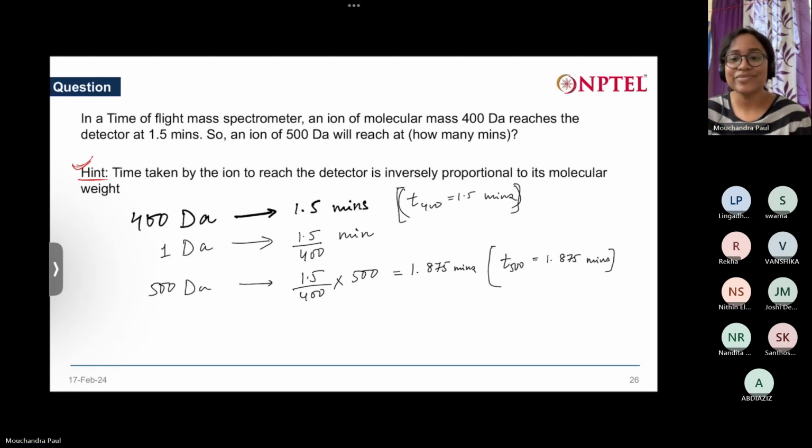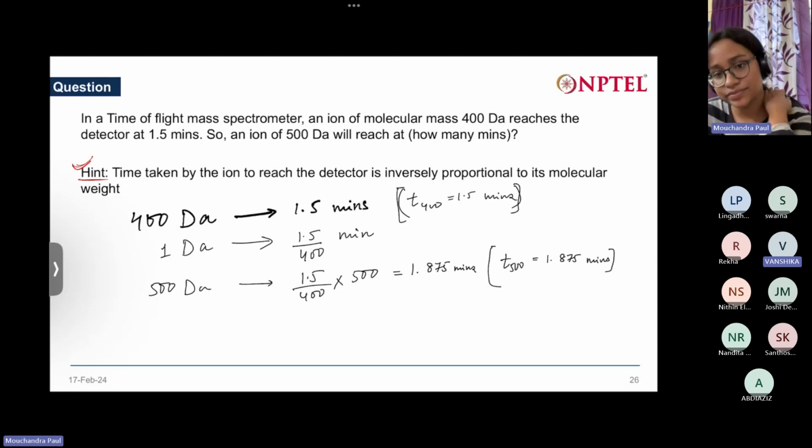All right. Santosh, I think you asked that question. If it is still unclear to you, maybe you can ask again, because my head is still a bit foggy after you asked me. Yeah, ma'am, in this question, if we go by your logic, it means the heavier the molecule, the more time it will take.